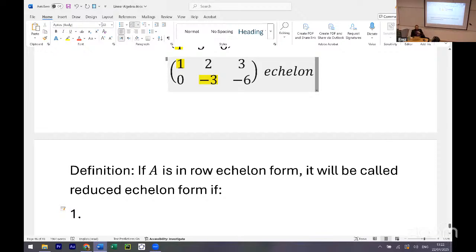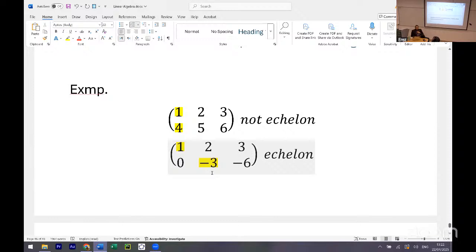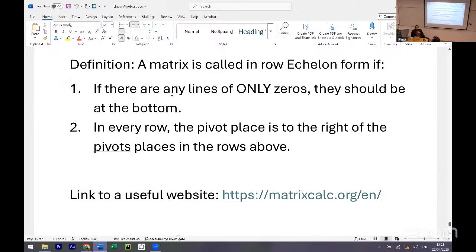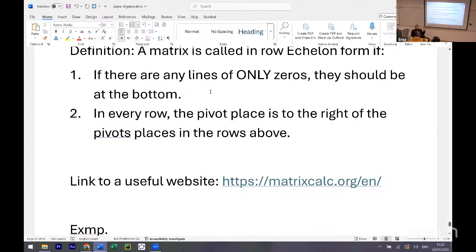When I say A is already in row echelon form, we know that if there are lines of 0, they must be on the bottom, and the pivots must be to the right of the pivots above them.